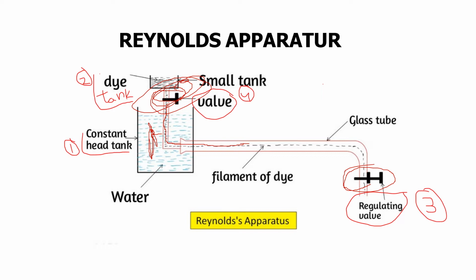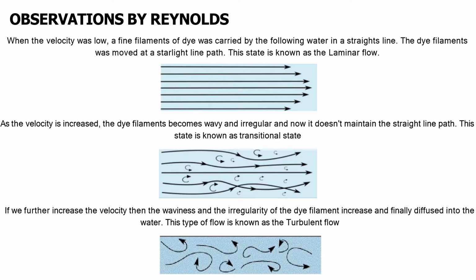The main purpose of the Reynolds experiment is to illustrate laminar, transitional and turbulent flow and to determine the conditions under which these types of flow occur. And now we are going to talk about observations in the Reynolds experiment.